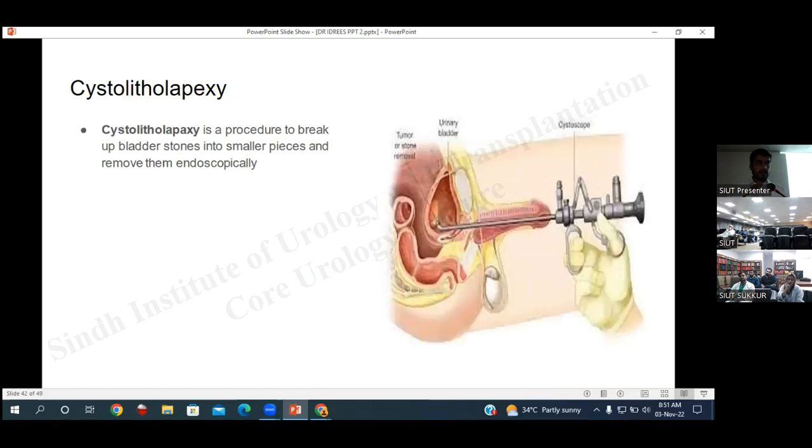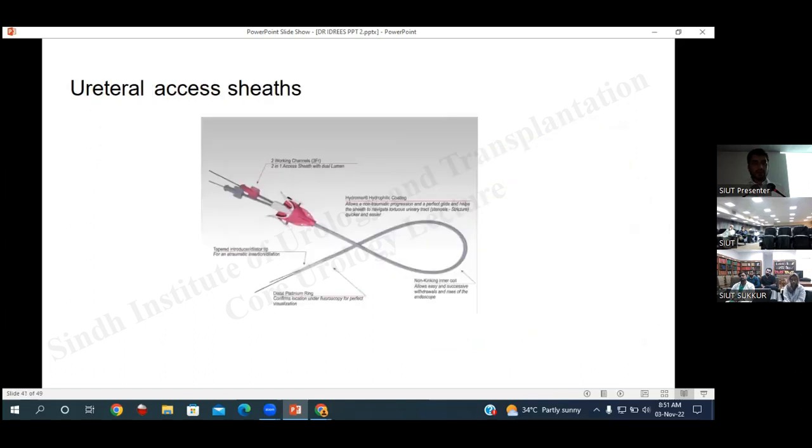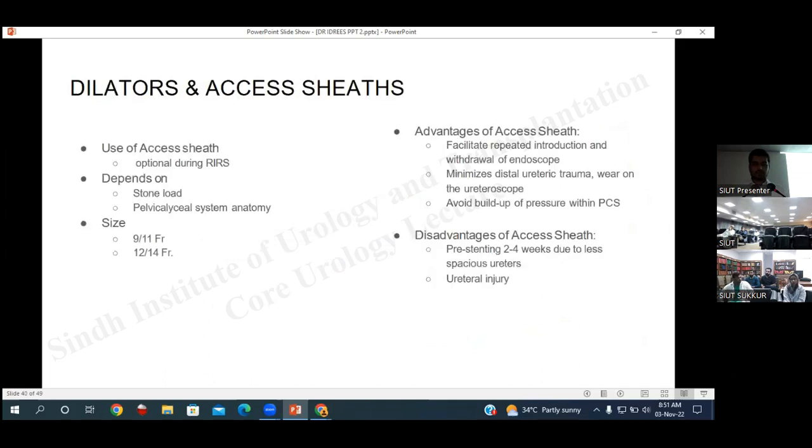Dr. Mazahir, what is your take on the ureteral access sheath? The advantage is that it reduces the intrapelvic pressure, and the disadvantage, which we don't show or discuss, is that it damages the UO, the ureteric orifice. So, what is your take on it? Should it be placed in every case or not? Sir, the ureteral access sheath depends on the case.